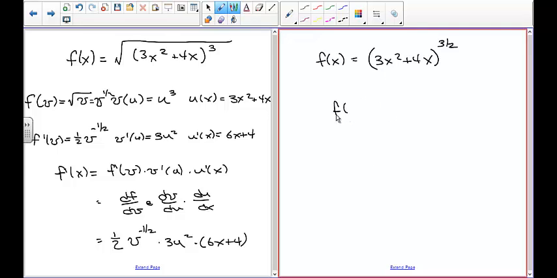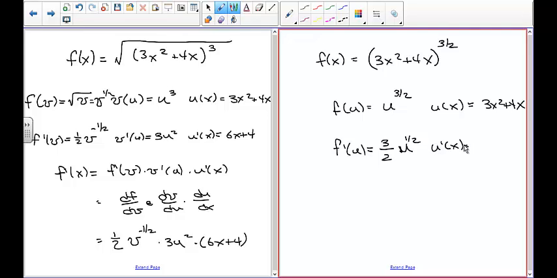I call f of u u to the 3/2 power, and u of x is 3x squared plus 4x. So when I take the derivative here, I'll get 3/2 u to the 1/2 power, and here I will get 6x plus 4.